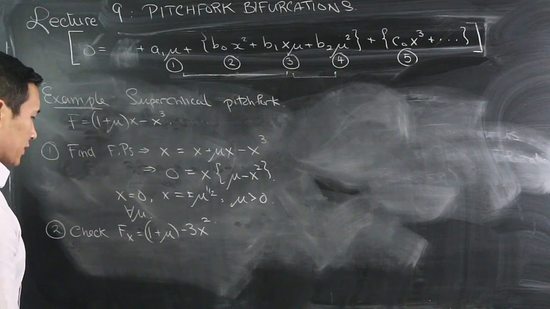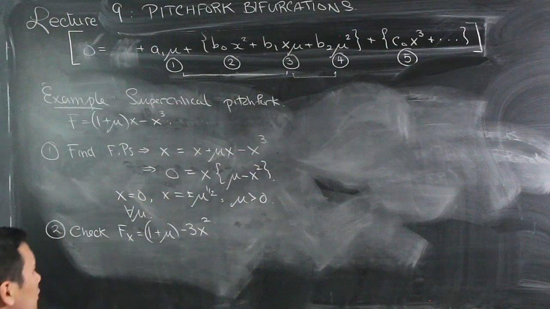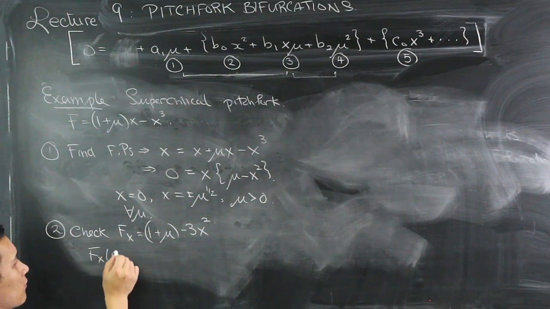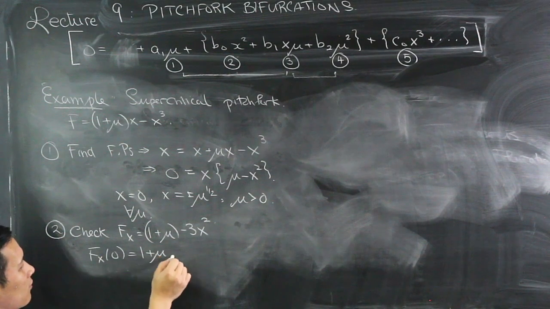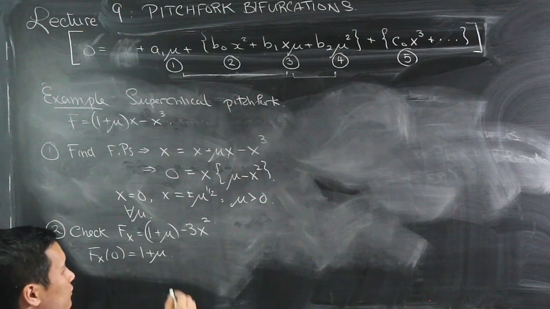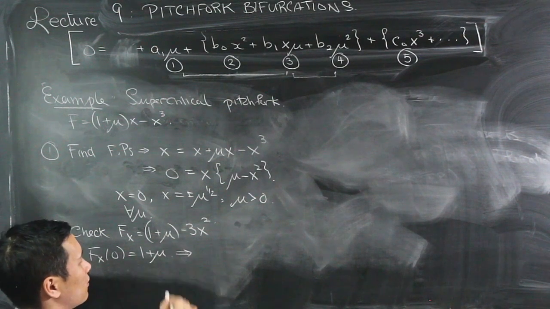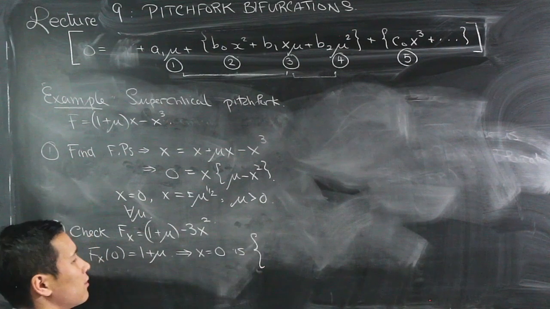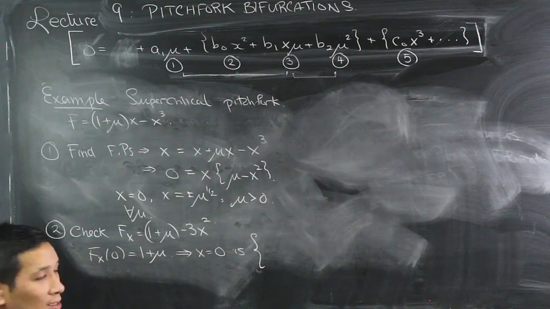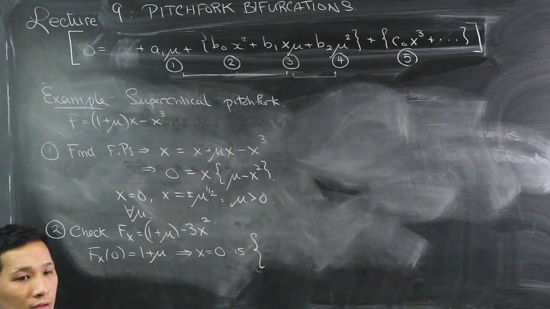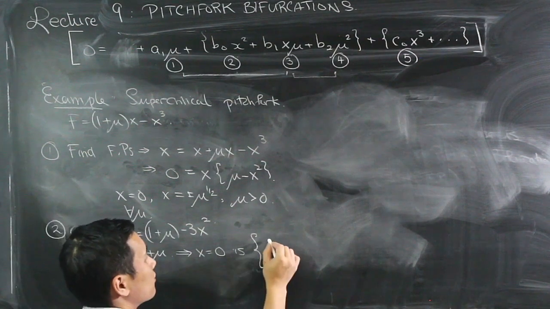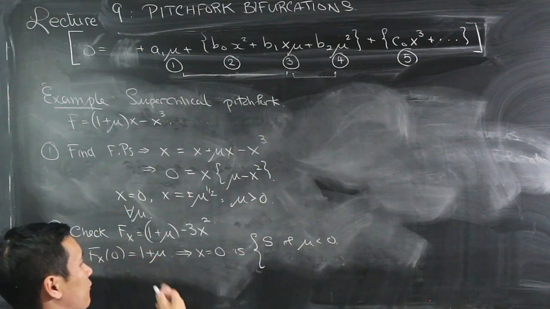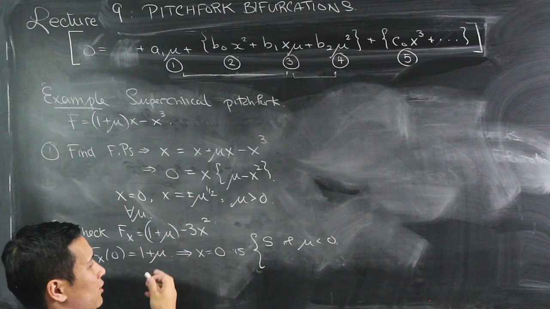Just check all the points. f prime at 0 is 1 plus mu. So if mu is less than 0, then that's less than 1, and x equal to 0 is stable. I'll call it S if mu is less than 0. And if mu is greater than 0, then this is greater than 1, so this is unstable.